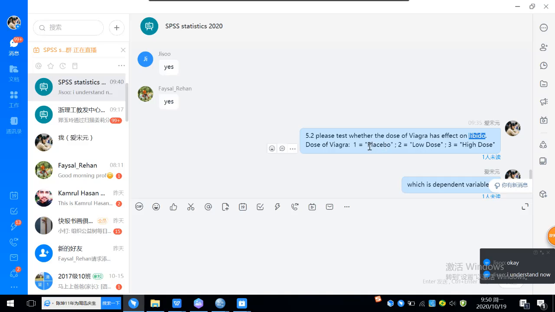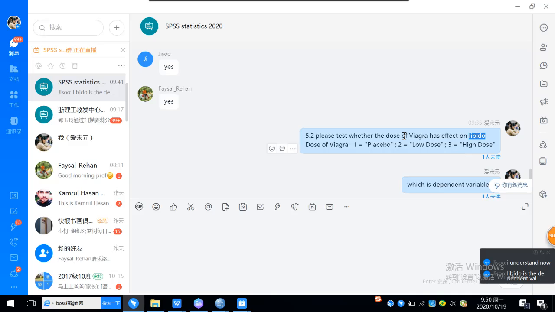In fact, it's zero dose of Viagra. If the dose is low, we indicate it with 2. If we use the high dose of Viagra, we use 3 to indicate it.